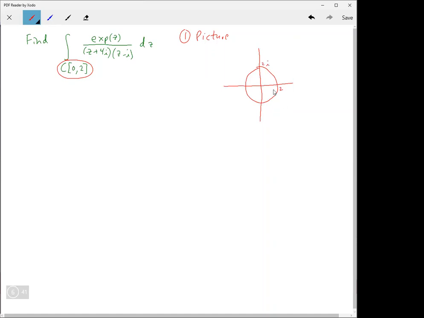Now, what else do I want in the picture? This piece of the denominator is 0 when you're at i, and i is right there. And what else do I want? Negative 4i. So this one is i, and negative 4i is down here, right?